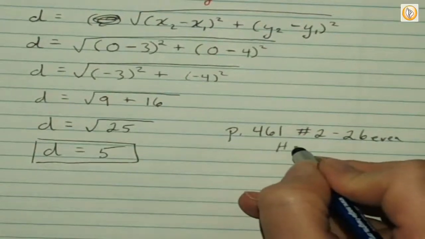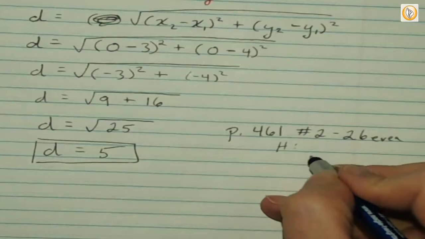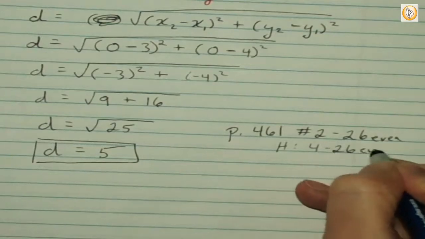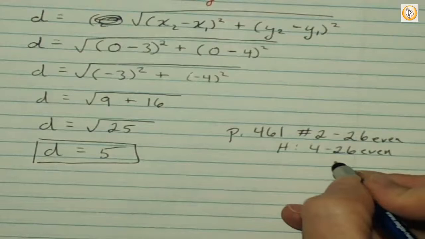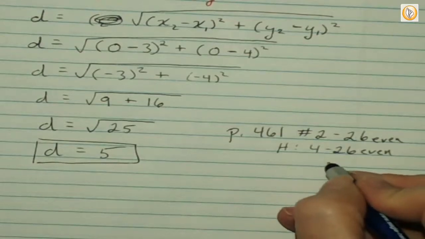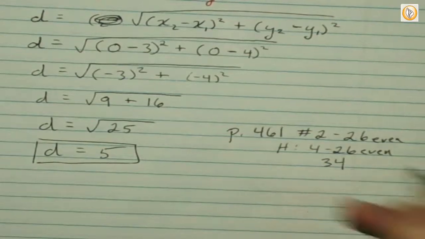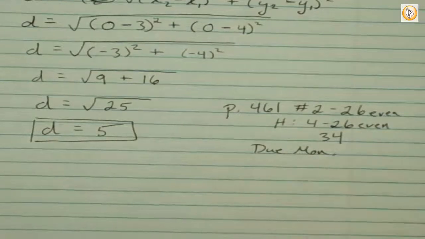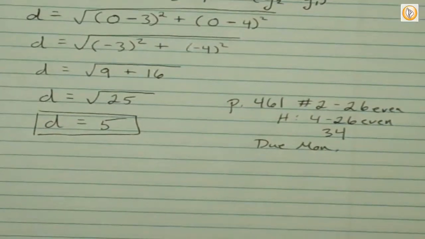Honors, 4 through 26 even, and number 34. This is due Monday. I don't know when your test is scheduled yet. It's going to be next week. It's going to be soon. I don't know. We'll find out. All right. There you go.